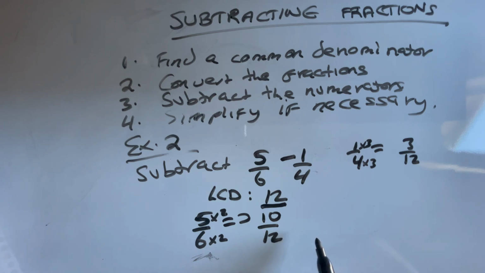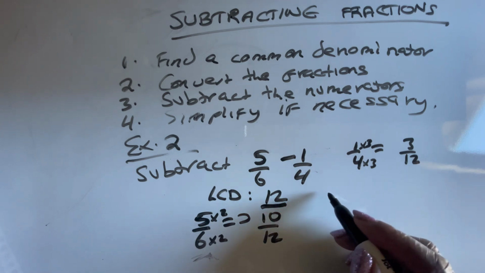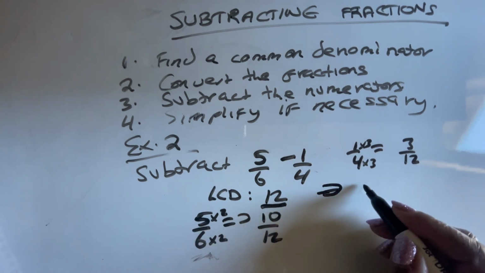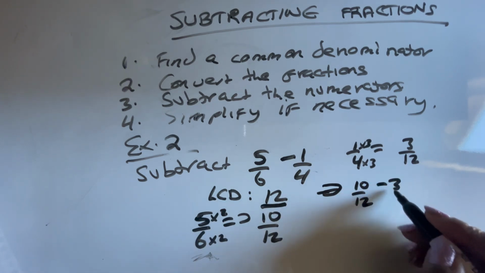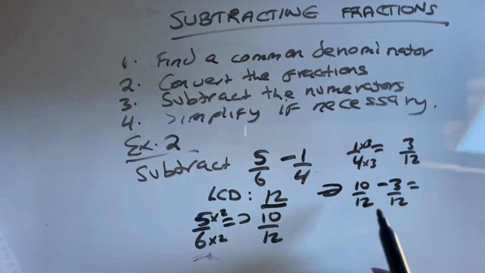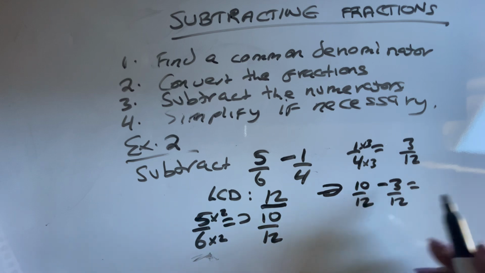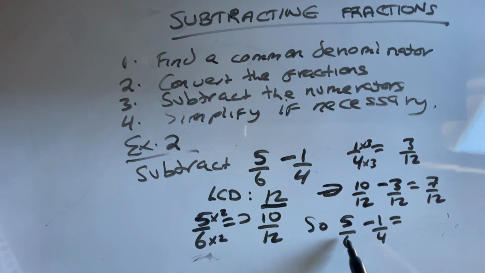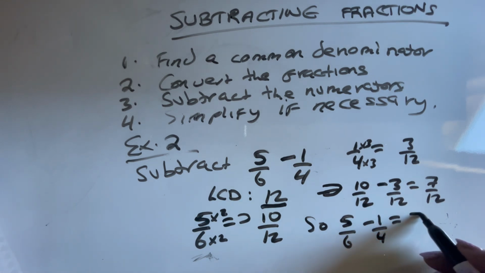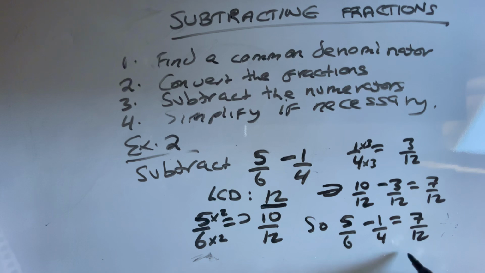Next thing we do is subtract the numerators. So our new fraction now is going to be 10/12 minus 3/12. When we subtract the numerators, we're going to have 7/12. So 5/6 minus 1/4 is equal to 7/12.